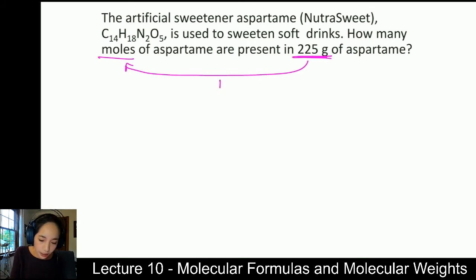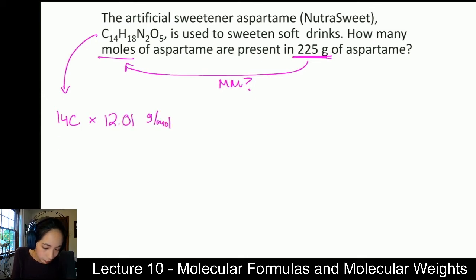So we need the molar mass of the compound. They give us the chemical formula. There are 14 carbons, and the molar mass of one carbon is 12.01 grams per mole. 18 hydrogens, at 1.008 grams per mole.